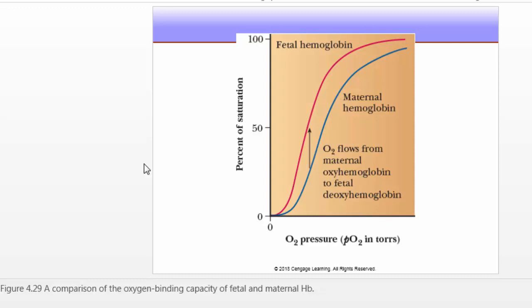So we replace the positively charged amino acid histidine with an uncharged amino acid, serine. This change of a positively charged amino acid for a neutral one decreases the number of contacts between the hemoglobin and the BPG, effectively reducing the allosteric effect enough to give fetal hemoglobin a higher binding curve than adult hemoglobin.